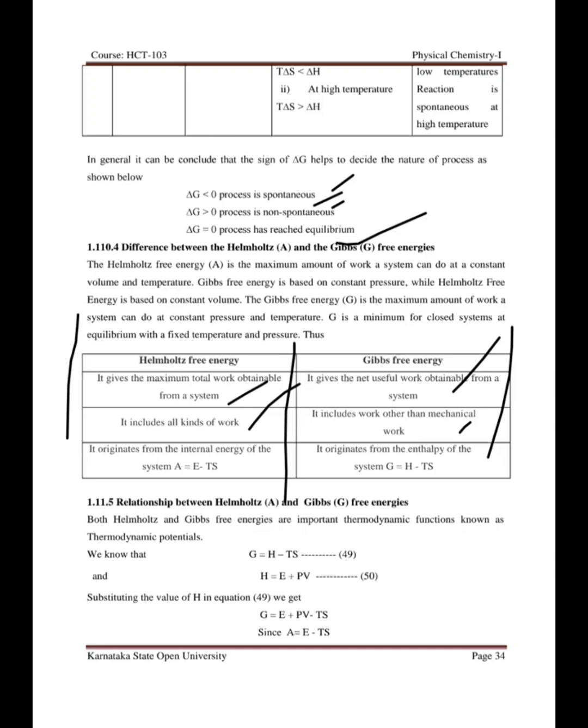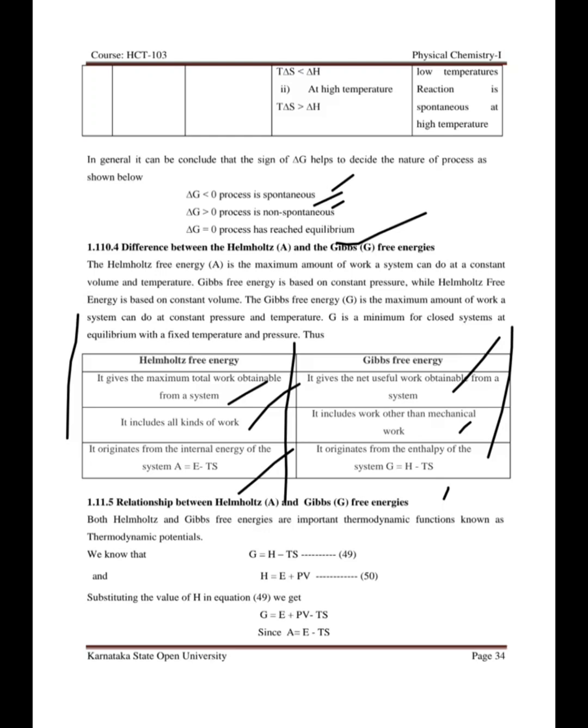These are the two differences. The Helmholtz free energy originates from the internal energy of the system, and the Gibbs free energy originates from the enthalpy of the system. So A is equal to E minus TS, and in the Gibbs case, G is equal to H minus TS.